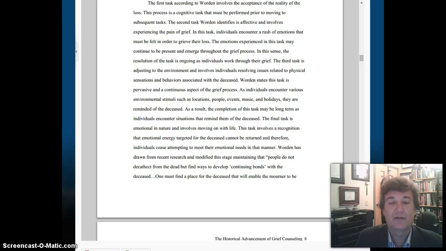That's a very difficult and emotional first step. And we often have physical and emotional reactions to that very first step, depending on the amount of trauma connected with that initial loss experience. It's a cognitive task, but also an emotional task, I believe. It has to be performed prior to subsequent tasks.